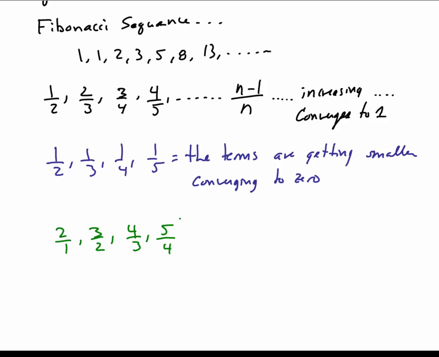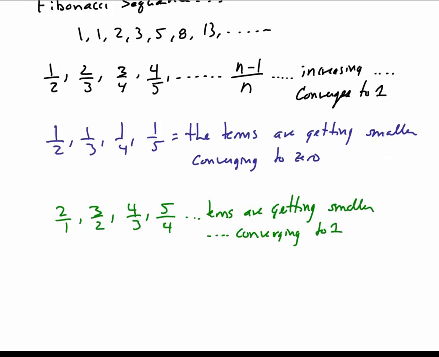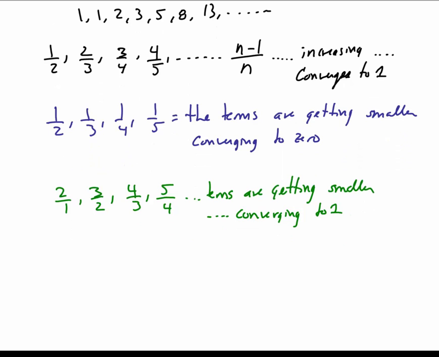So the terms here are getting smaller. And as these terms get smaller, they could be going toward a particular value, and in this case they are converging once again to 1. So each pattern produces a different sequence, and based on that sequence you get a different response.